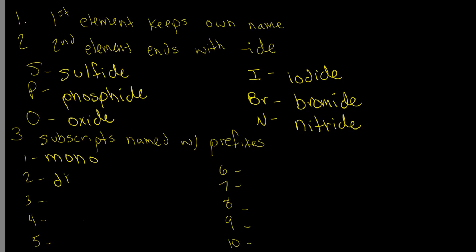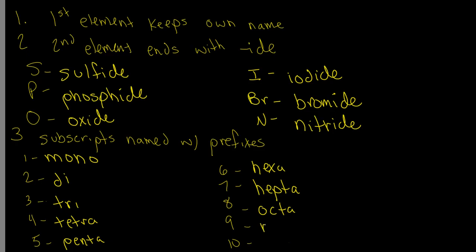2 will be di, 3 is tri, 4 is tetra, 5 is penta, 6 hexa, 7 hepta, 8 octa, and then you might see 9 and 10, you might not, but if you don't know their prefixes, there those are.